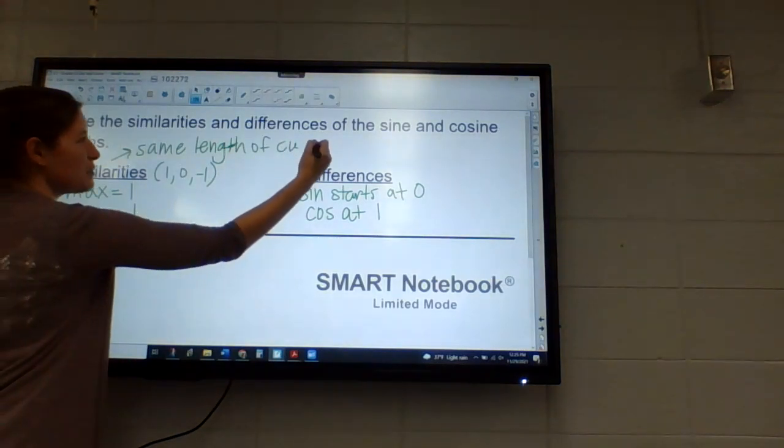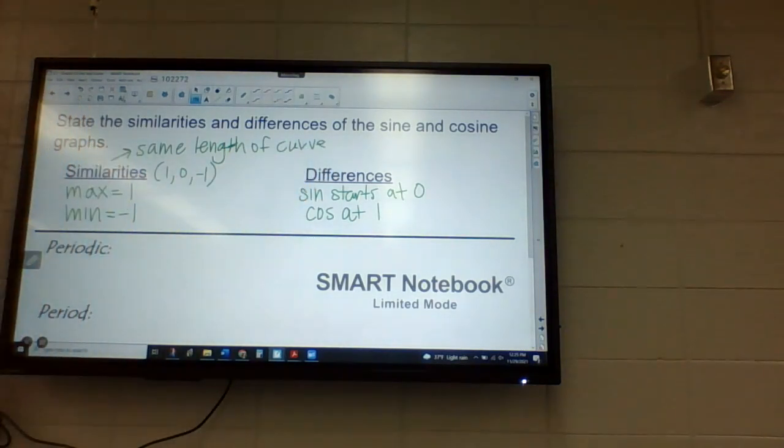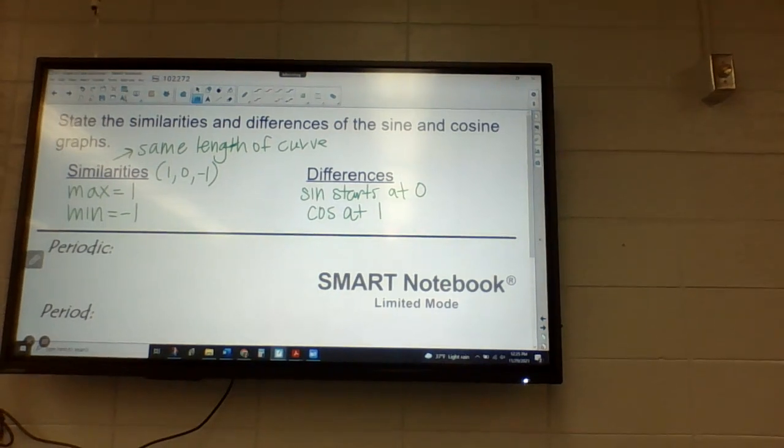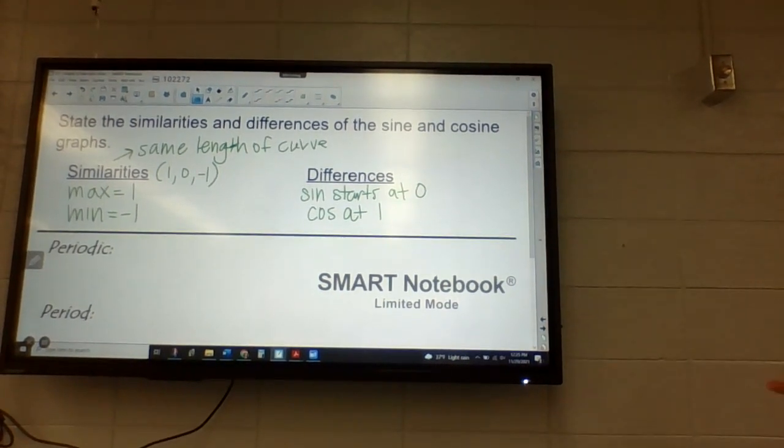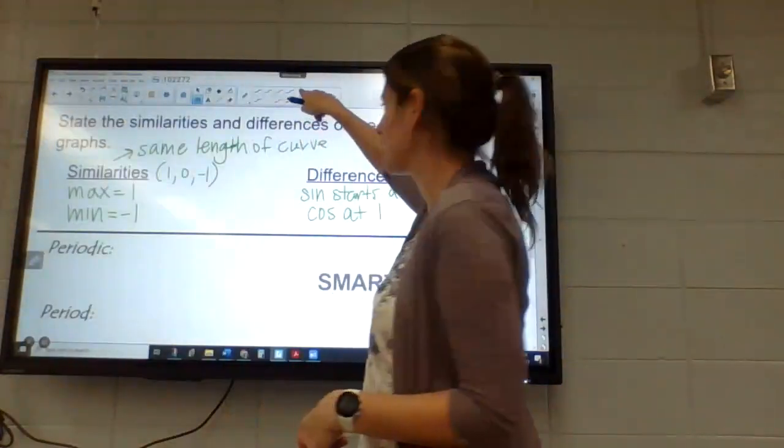I'm just saying the same length of the curve would be a similarity: how long it takes to get back to the start. That's important to be aware of. We call these types of graphs periodic. It means it keeps repeating. You hear the word periodic when you talk about insurance or interest rates, like if you're not paying your credit card, you have a periodic interest rate.